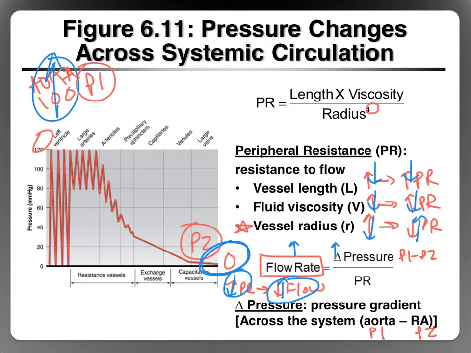Pressure in the aorta may go up to 120 during exercise. So now delta pressure, instead of being 100 minus 0 with a change of 100, is 120 minus 0, and therefore our change in pressure, or our pressure gradient, is 120, which is higher, which means the blood is going to flow faster during exercise.